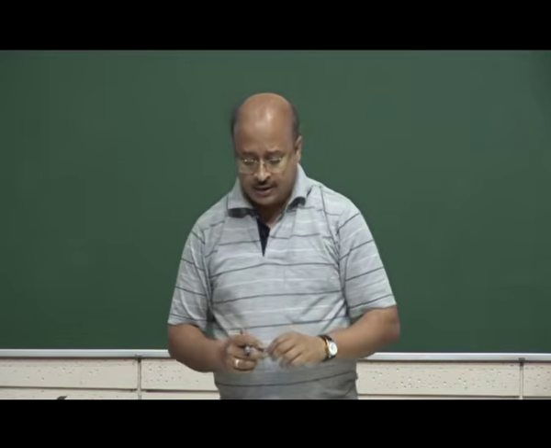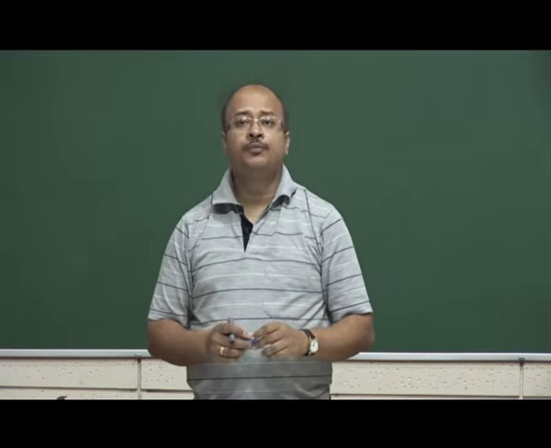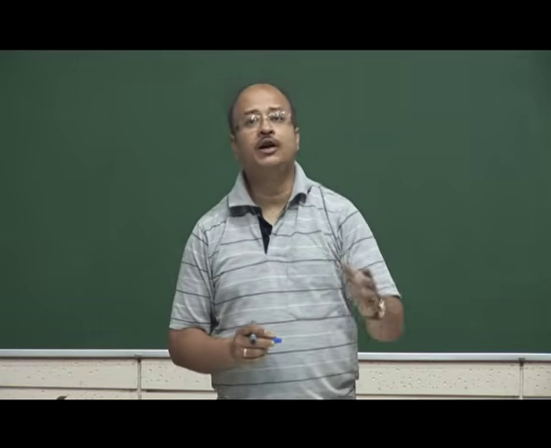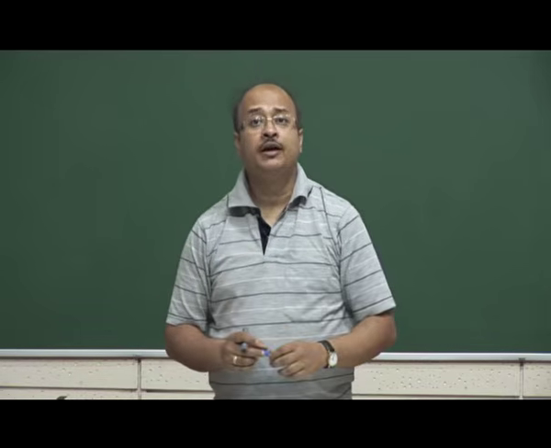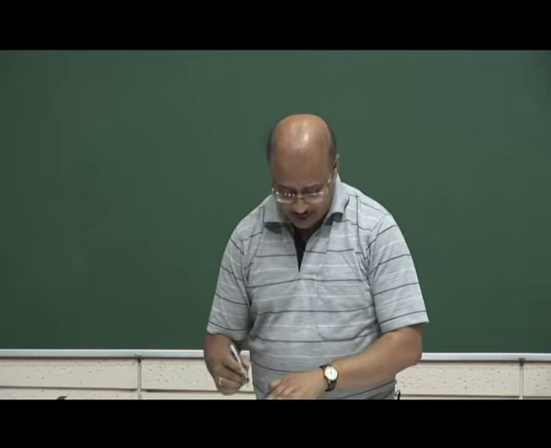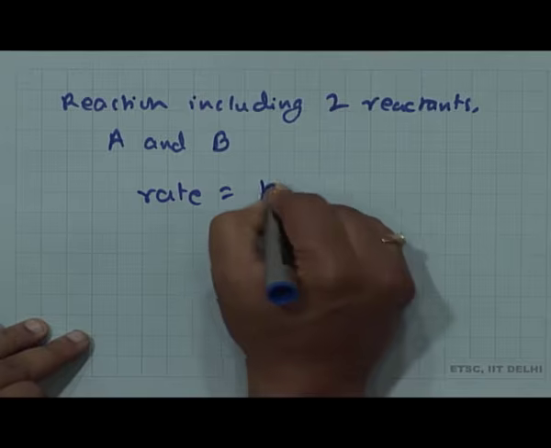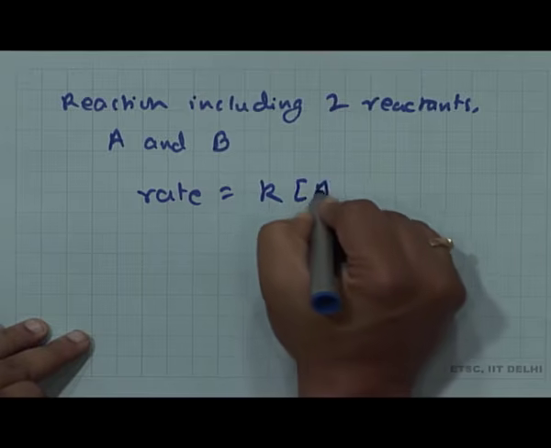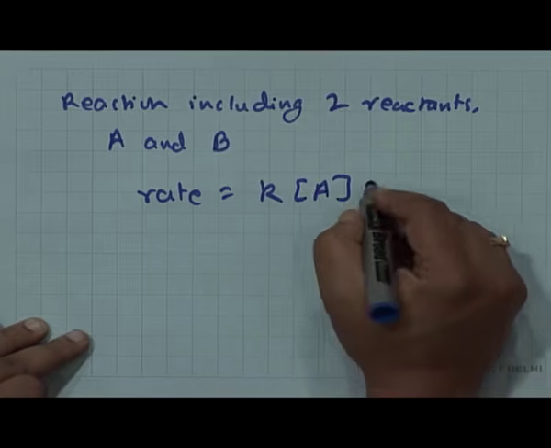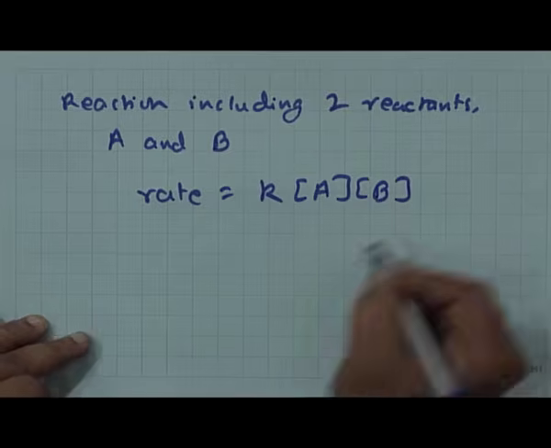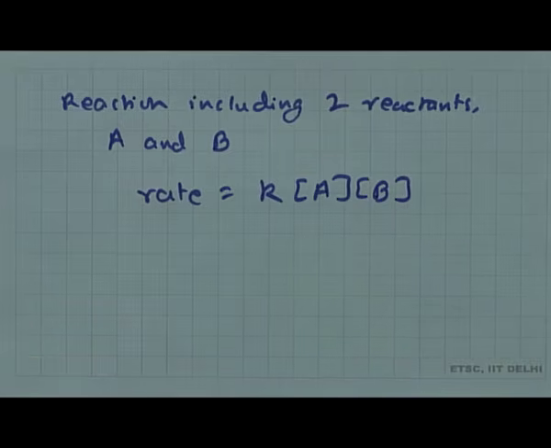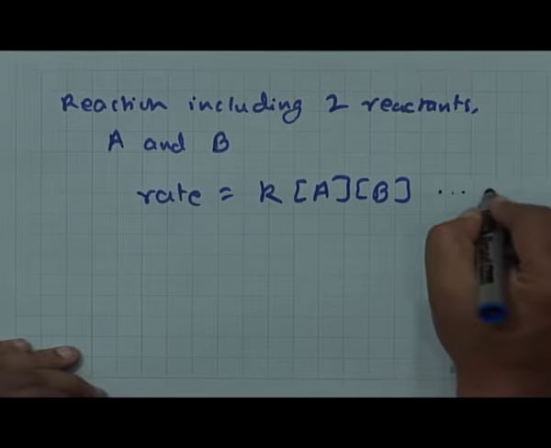But suppose we do an experiment or sets of experiments to find out the rate or order of this, and we say that the rate is equal to K into concentration of A into concentration of B. Okay. And I would say that this would be equation number 3.